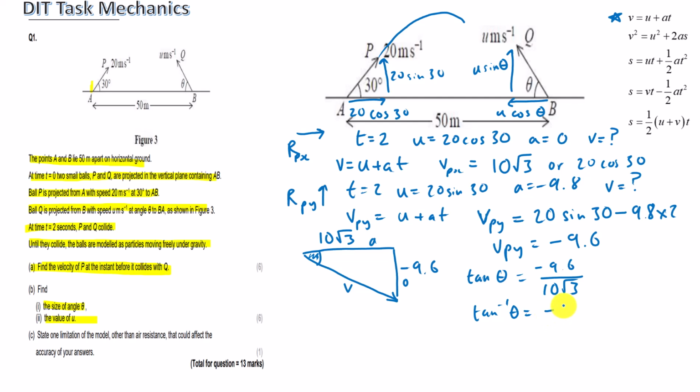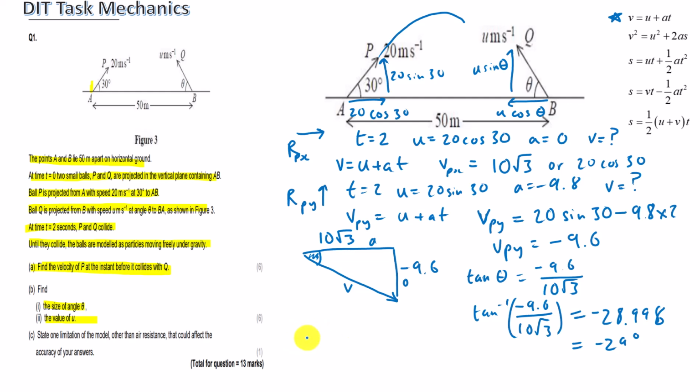So if we inverse tan, not theta, inverse tan minus 9.6 over 10 root 3 equals minus 28.998, and we can just round that to 29 degrees.